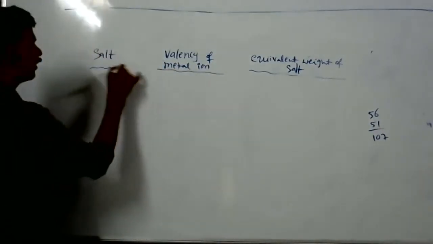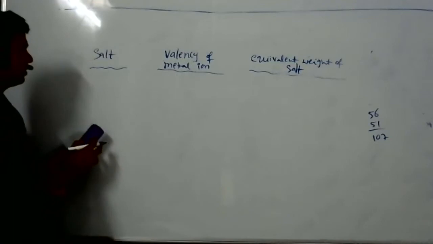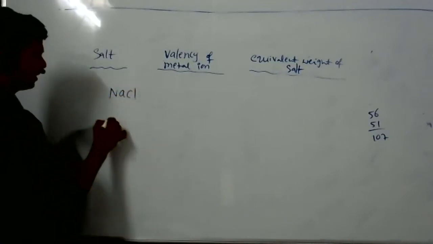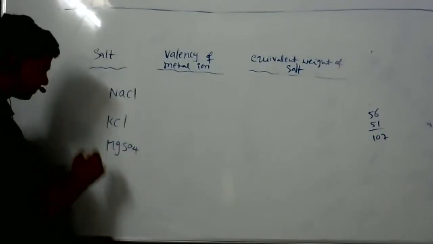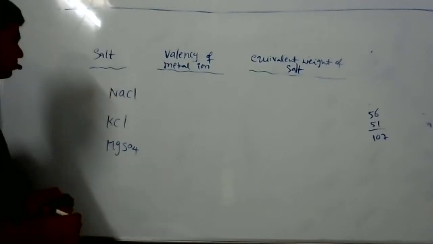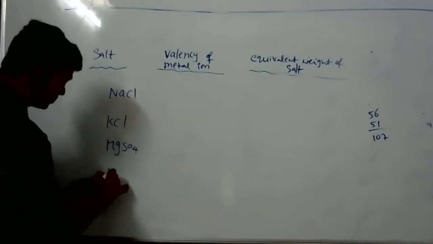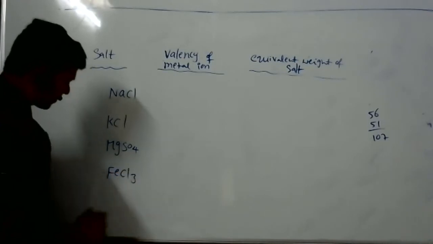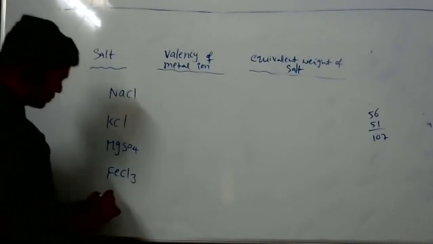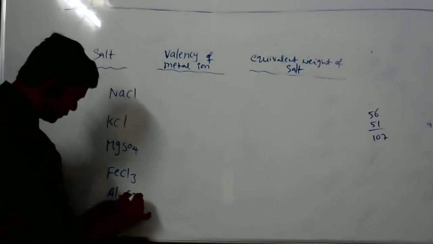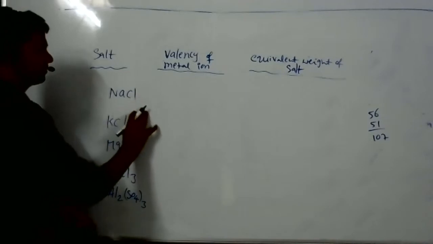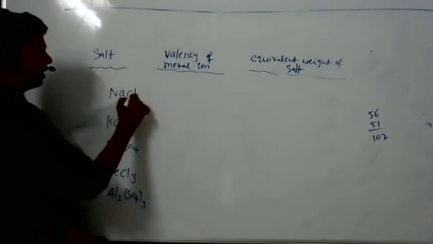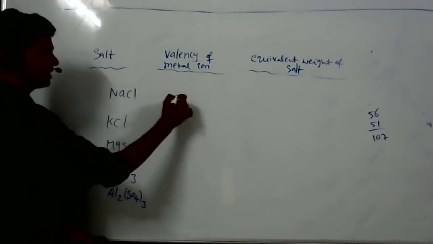The salts are NaCl, KCl, MgSO4, FeCl3, and Al2(SO4)3. In NaCl, only the Na metal ion, carries +1 charge, so valency 1.